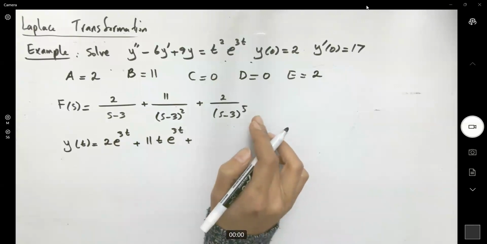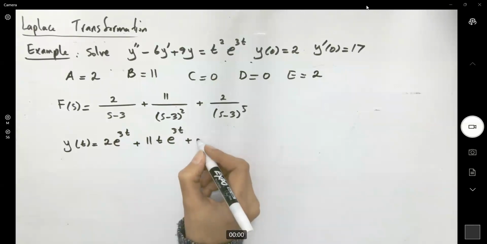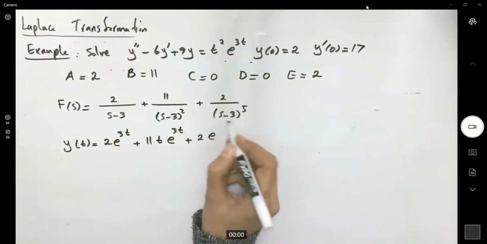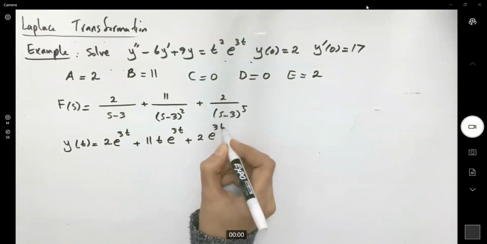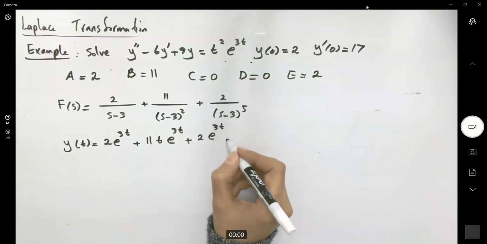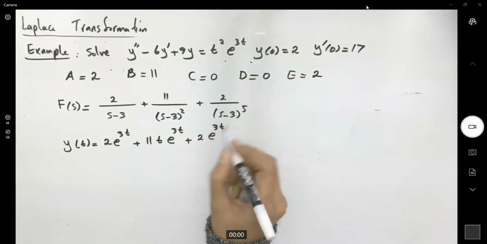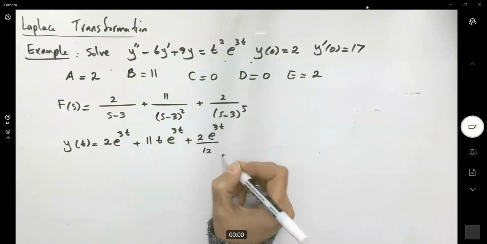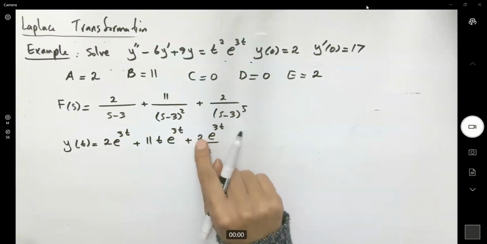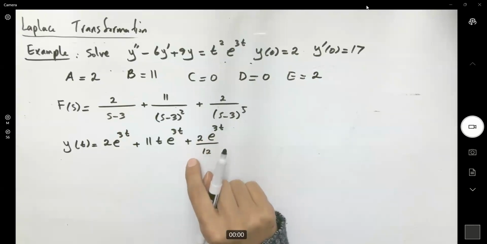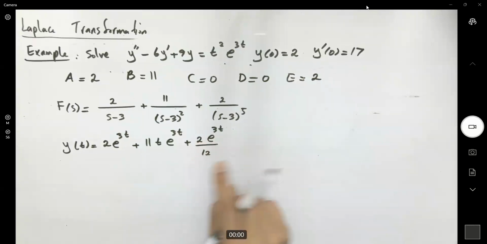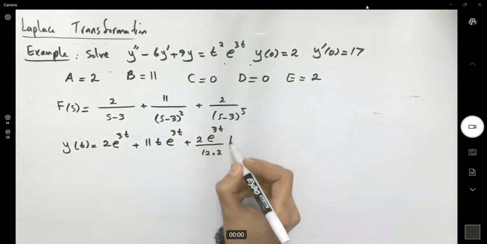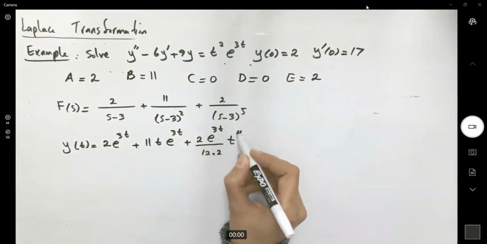And since this term has exponent 5, it is 2 e to the power 3t because of the translation we had, and we need to have the factorial, 4 factorial, which is 24 on the denominator, so we can simplify that. 4 times 2, because it was 4 factorial, and we get t to the 4th power.